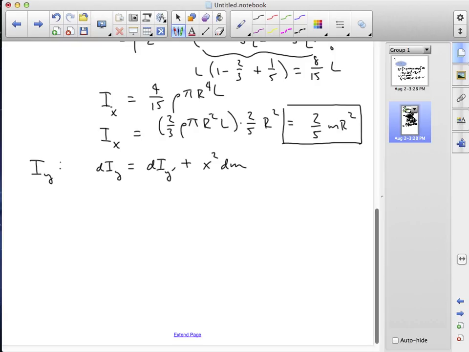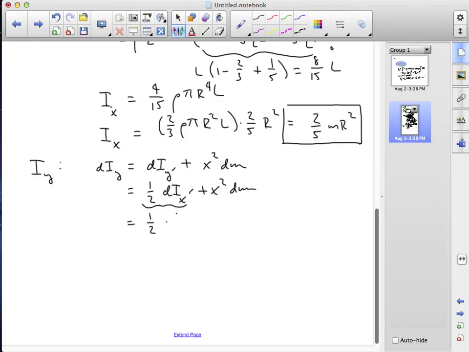Also remember that because we can write these mass moments as a density times a thickness times the area moment, and for a circular disk, the area moment about the planar axes is 1/2 the moment about the polar axes, we could write this as 1/2 dIx prime plus x squared dm. And this relationship dIy prime equals 1/2 dIx prime is particular just to this disk element. So this is going to be 1/2 times our previous expression.